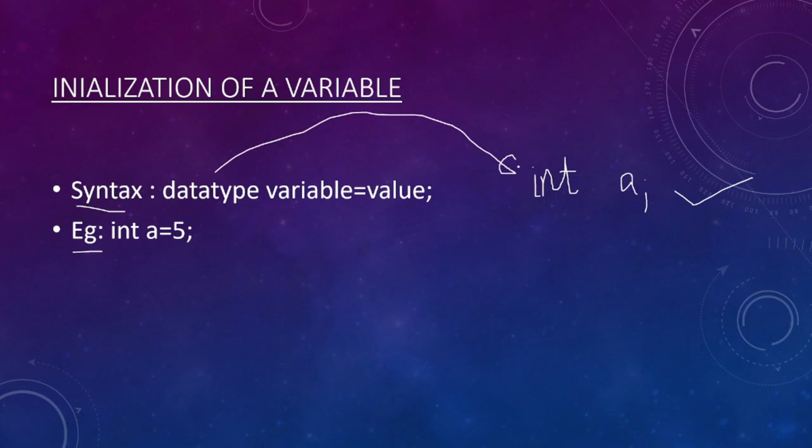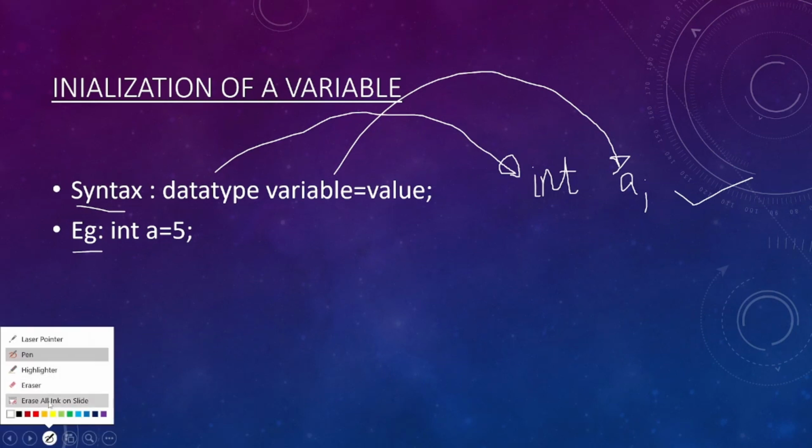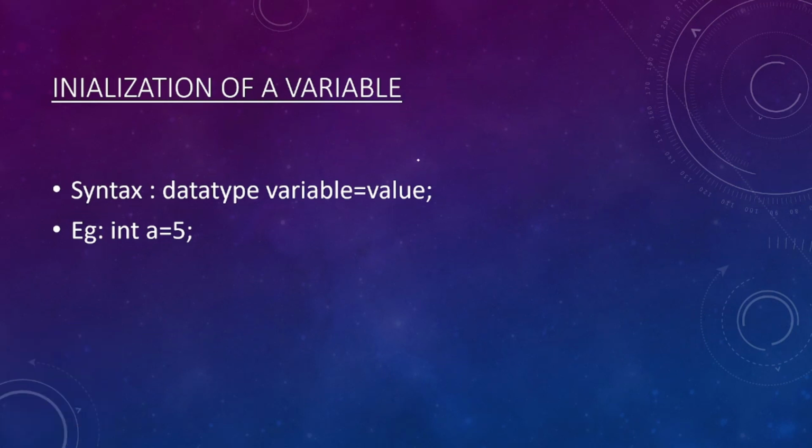It is nothing but my data type. What is my variable? This one. Suppose I want to declare the value in the program itself. Then I'll simply use the assignment operator, and I'll give the value here itself.